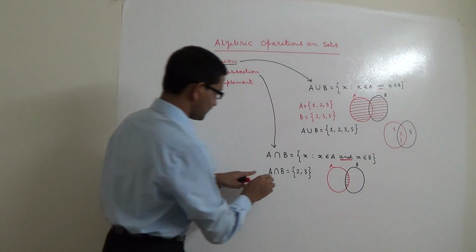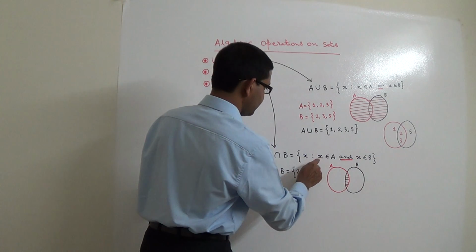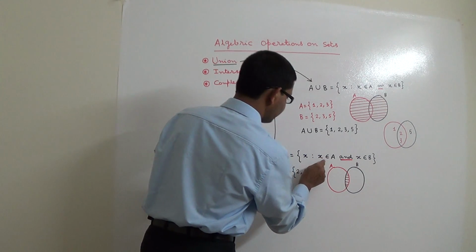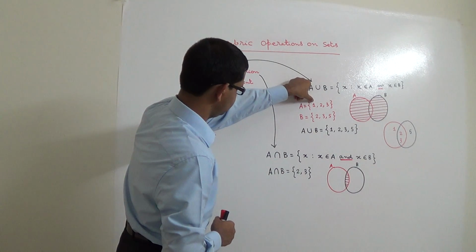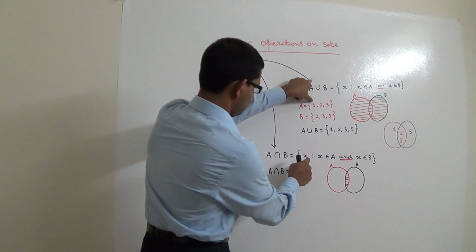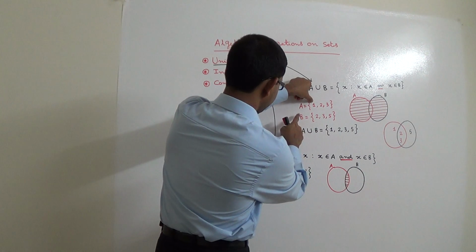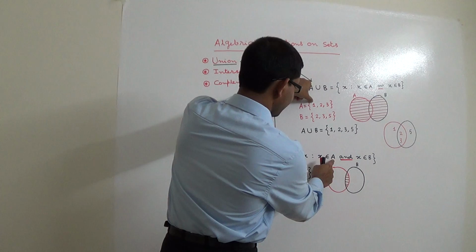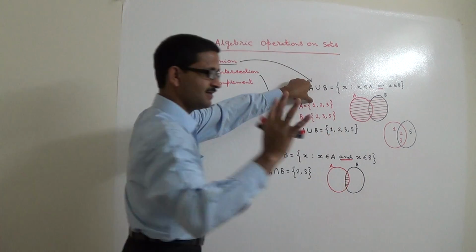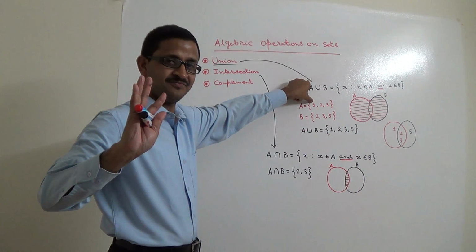Now how can we establish the same thing by means of this set builder form definition? Let's take 1. 1 belongs to A but not to B. That means the statement 1 belongs to A and 1 belongs to B doesn't hold true.